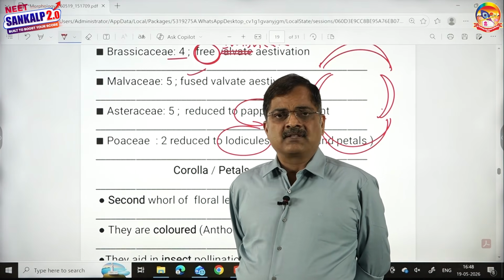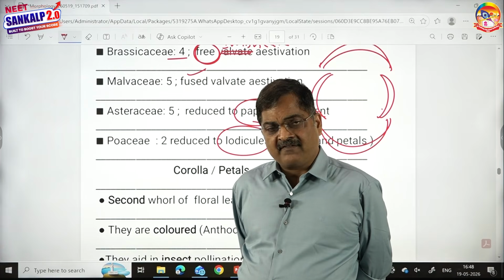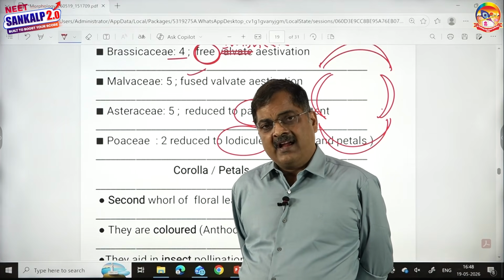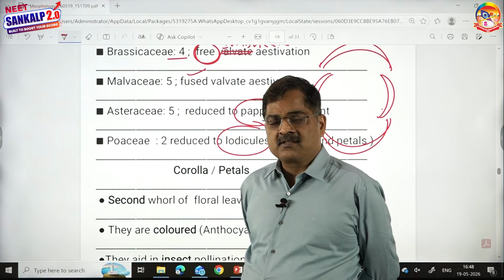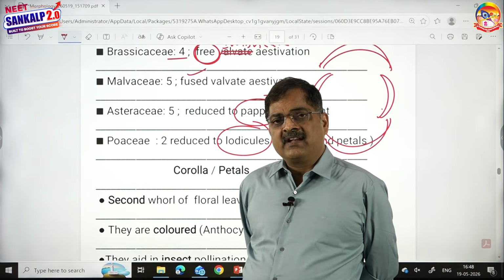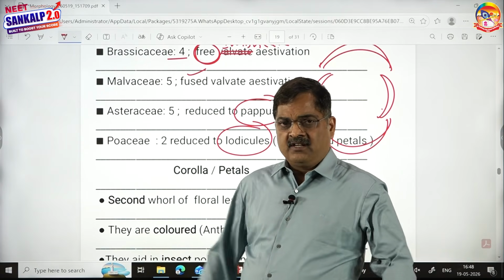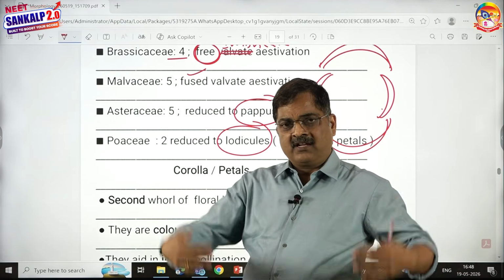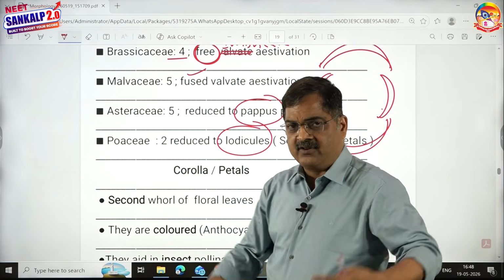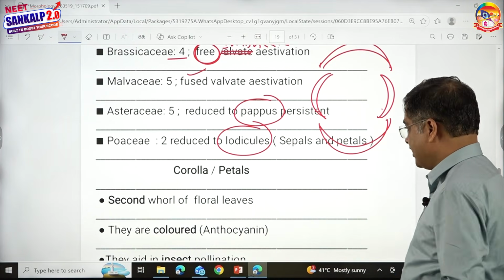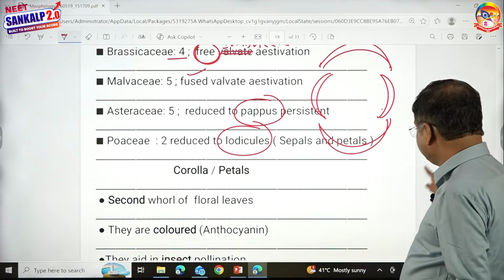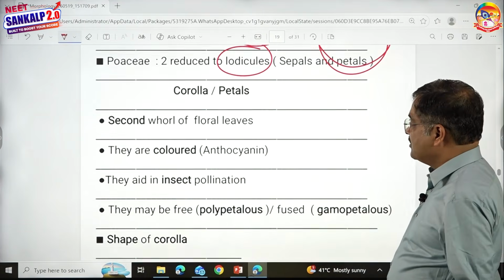In both the papers, not even a single question came from new families. I advise you to read new families. Don't leave it. But at the same time, don't spend too much time on it. Make a tabular form and start reading it. So don't waste much of your time there. But don't skip reading.